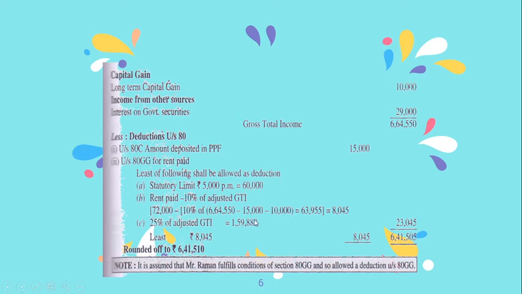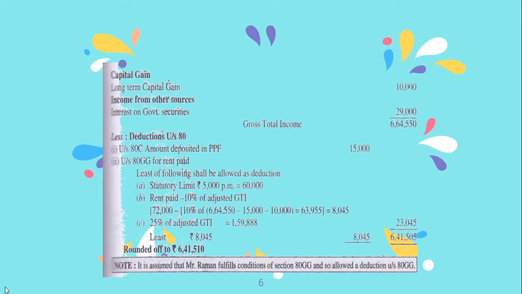So adjusted gross total income is 6,39,550. Now 10% of that is 63,955. Rent paid is 6,000 into 12, 72,000. So rent paid minus 10% of adjusted gross total income comes to 8,045.